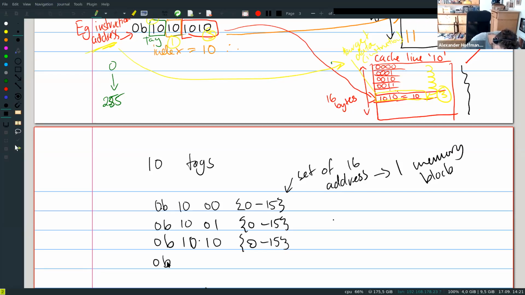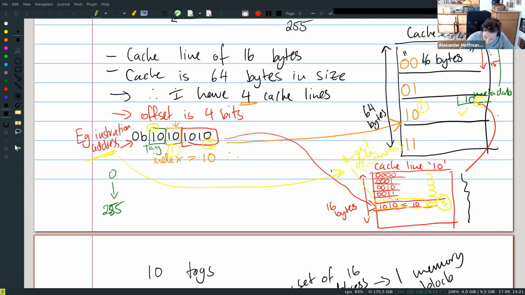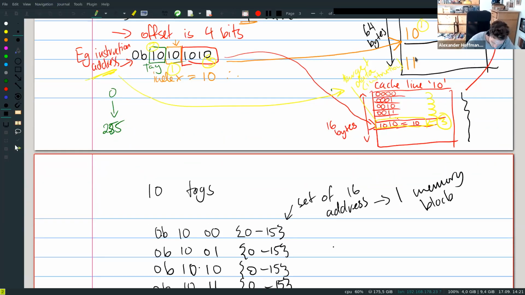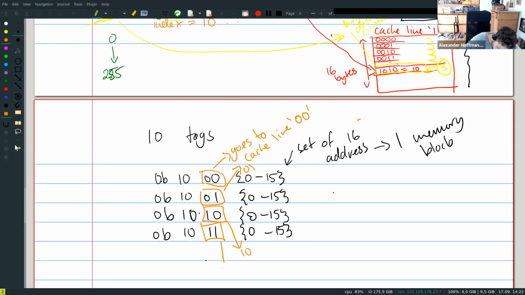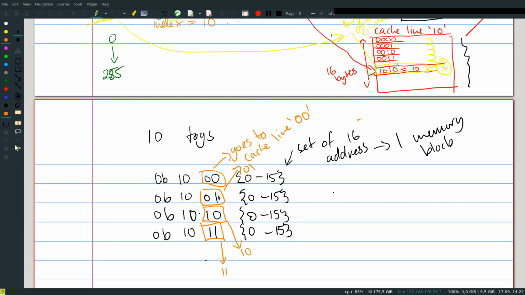And finally, if we look at our cache lines here, this one goes to cache line 00, goes to 01, goes to 10, and this one goes to 11, right? Yep. See how they all end up on different cache lines?